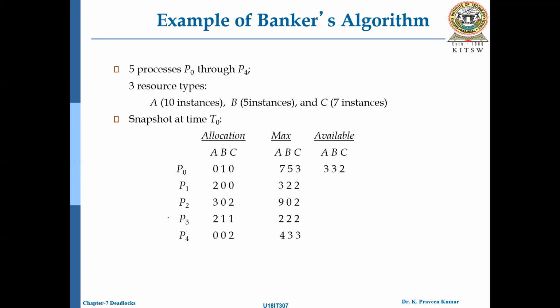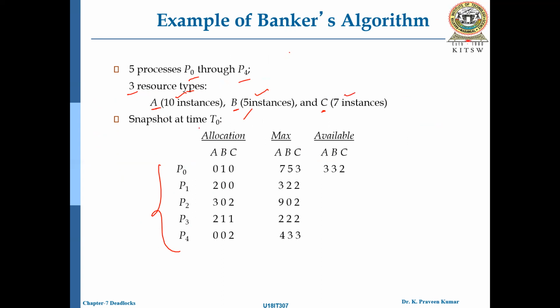So there are 5 processes, P0 through P4, and 3 resource types. Resource A has 10 instances, resource B has 5 instances, and resource C has 7 instances.